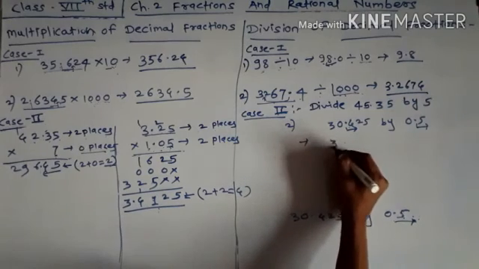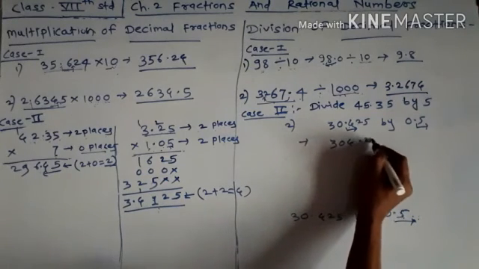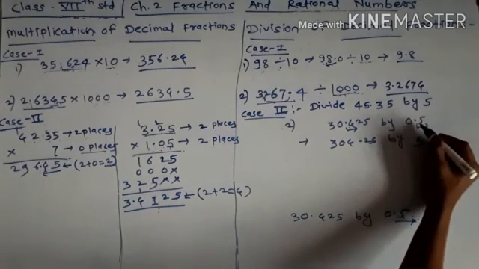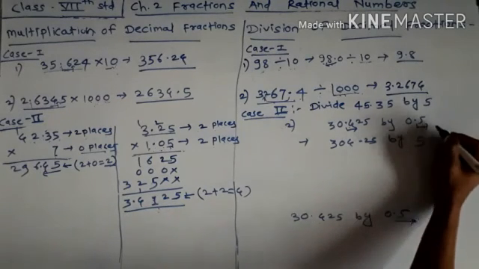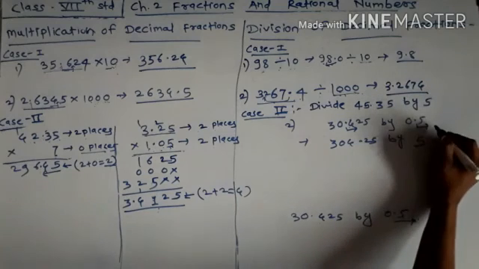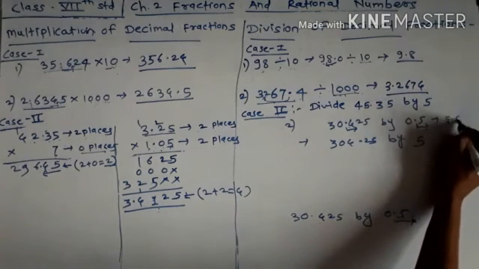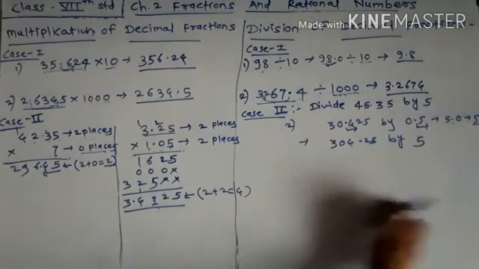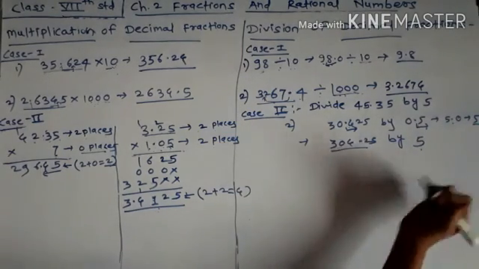Then we get 304.25 divided by 5. If the decimal point is moved to the right side by 1 digit, then we get 5.0, which means 5. So now we can divide this decimal fraction by 5.